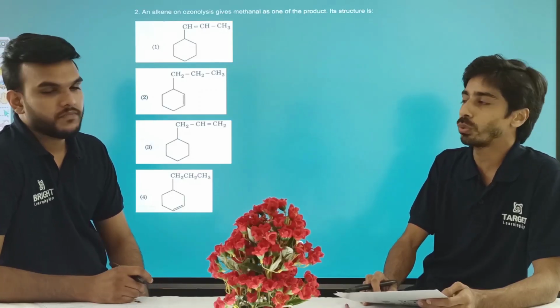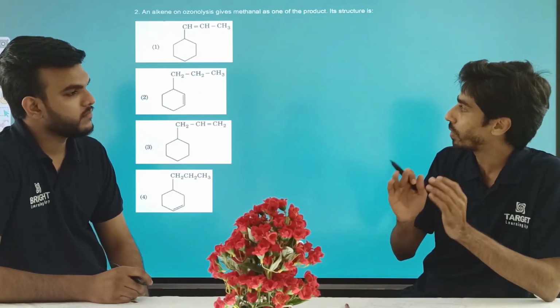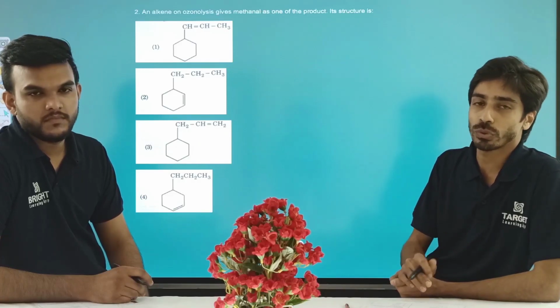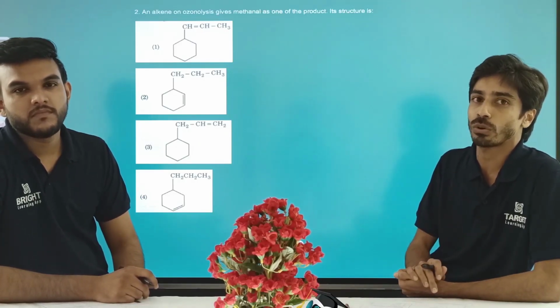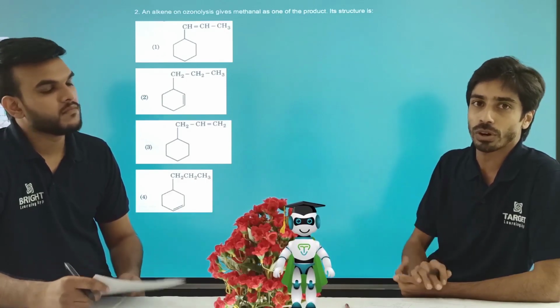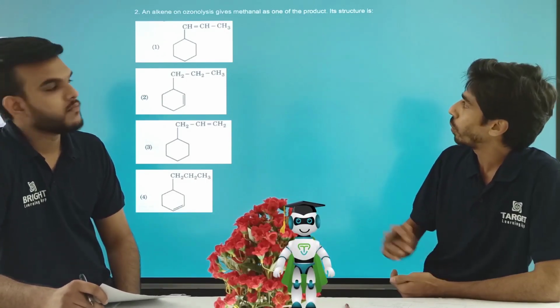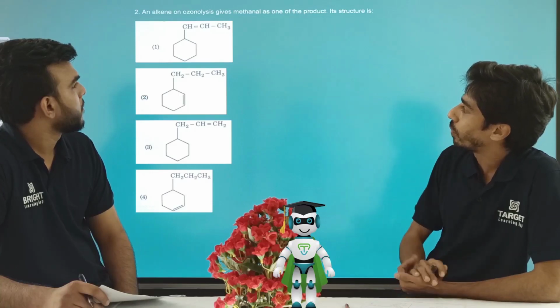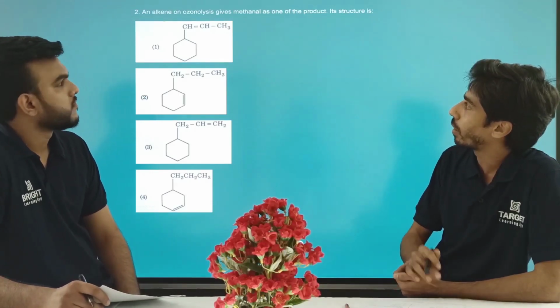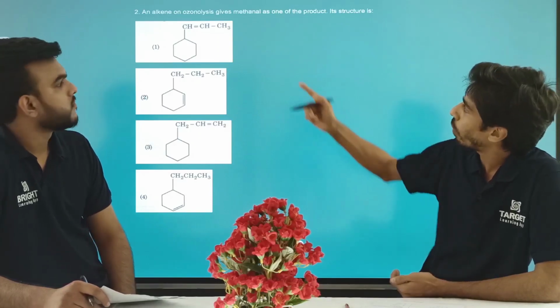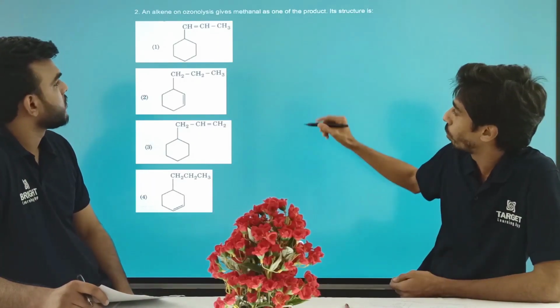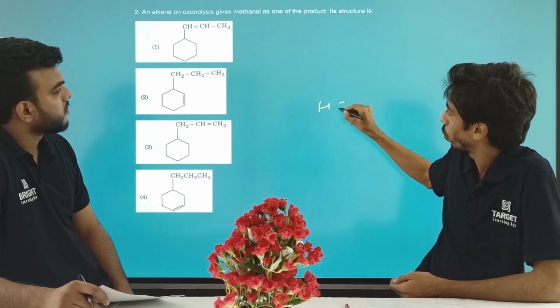Ozonolysis is used to identify the presence of a double bond in an organic compound. We can identify the position of a double bond by the reaction called ozonolysis, followed by hydrolysis using zinc dust. On ozonolysis we get a mixture of products like aldehydes or ketones, depending on the position of the double bond. One of the products obtained here is methanol, which you know is HCHO.